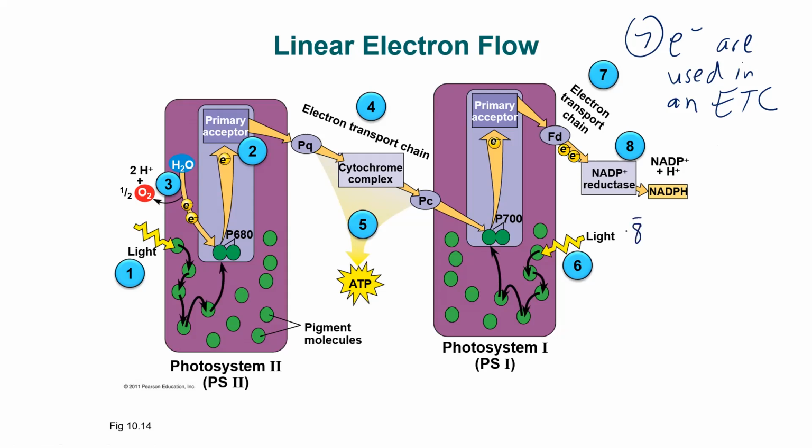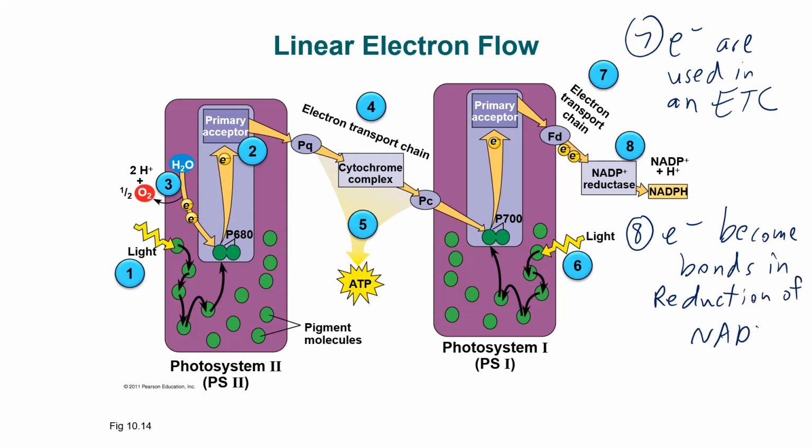So we can say that electrons become bonds in the reduction of NADP plus.